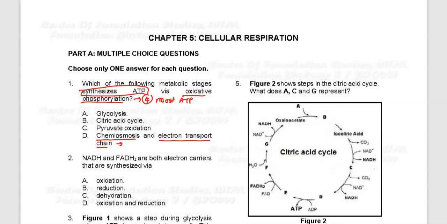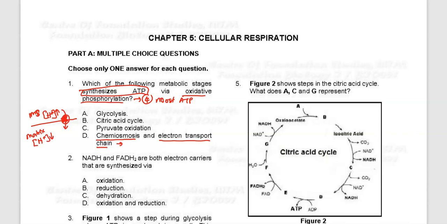So chemiosmosis is the process where the high concentration of hydrogen ions from the intermembrane space will diffuse back, using ATP synthase, into the matrix, where the matrix has a low concentration of hydrogen ion.